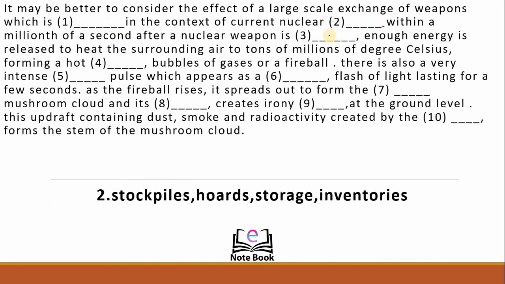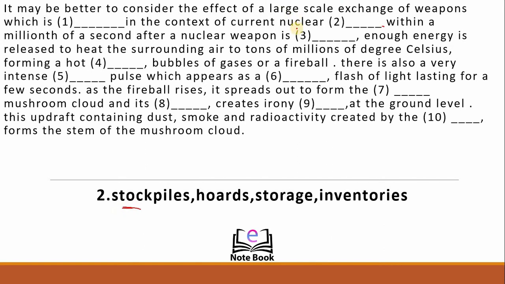Moving ahead to the next blank, read the sentence: in the context of current nuclear dash. Now here I can directly mark the answer as stockpiles, because a stockpile is a large accumulated stock of goods or material which is kept in reserve for use at a time of shortage or in times of emergency. Stockpiles is a word mostly used with nuclear weapons.